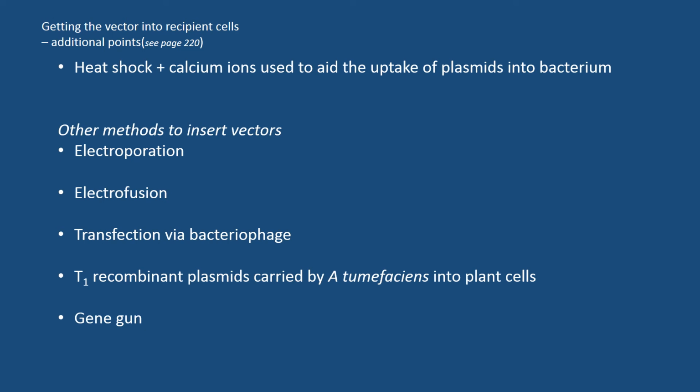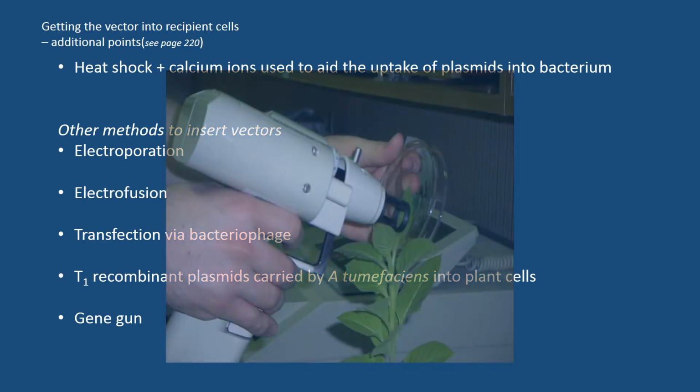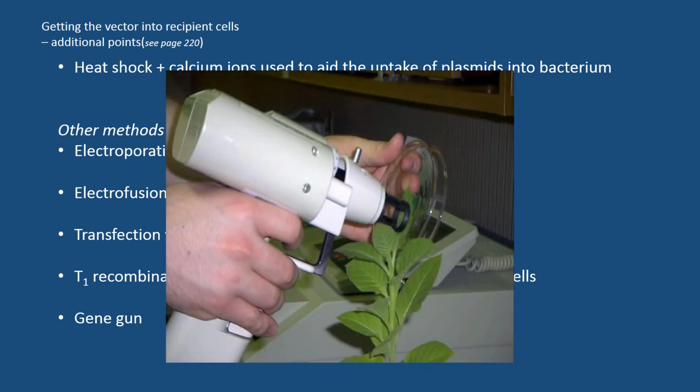Sometimes plant cells won't take up the Agrobacterium tumefaciens, so we can use something called a gene gun. Now a gene gun is where little particles of gold or tungsten are coated with the gene and literally shot into the cells.